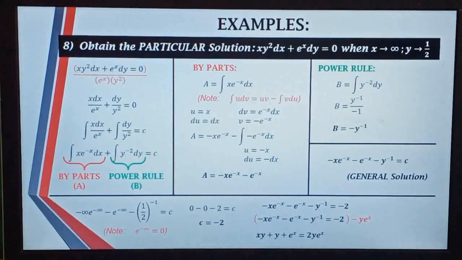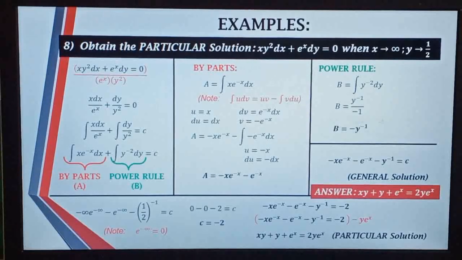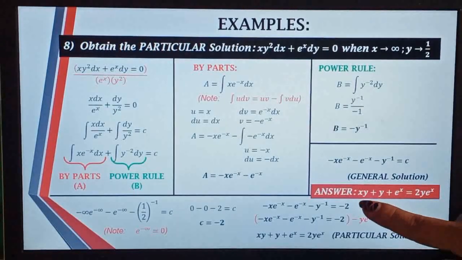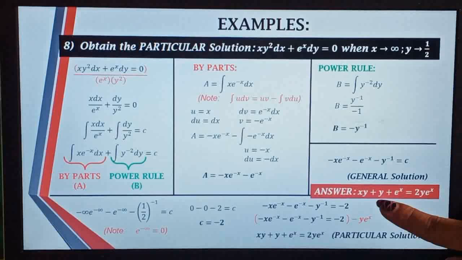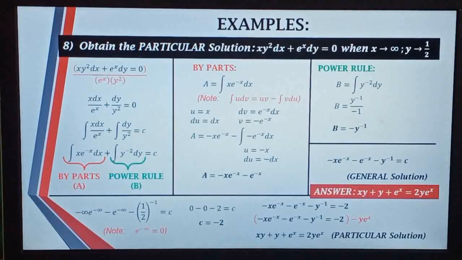Kung mapapansin nyo ulit, wala na po siyang arbitrary constant c. So this can be our particular solution. Since that is our particular solution, that is our final answer, which is xy plus y plus e raised to x equated to 2y e raised to x.